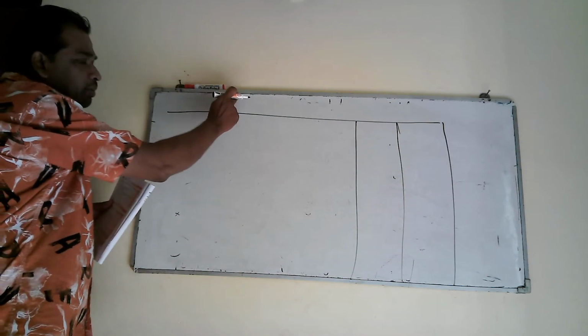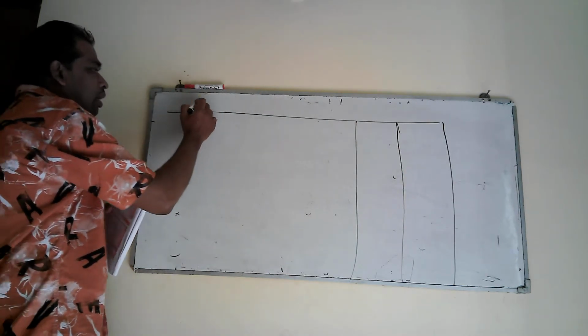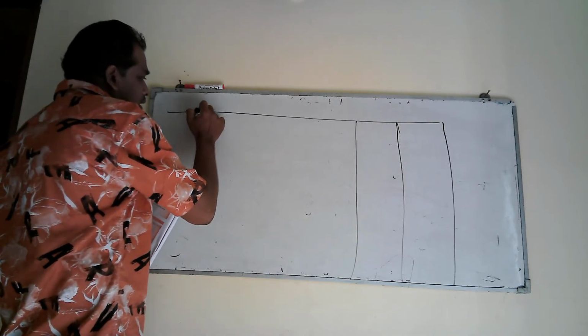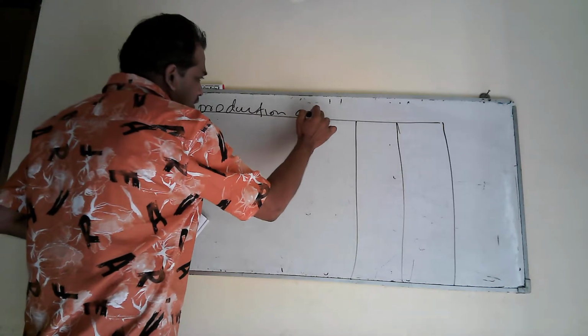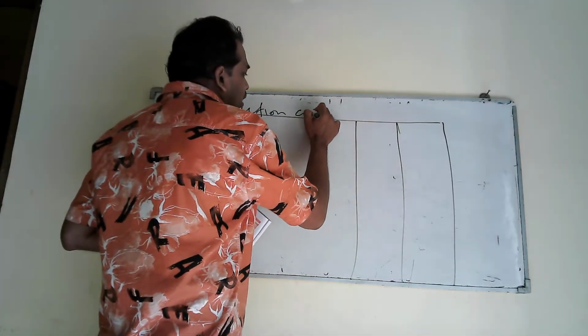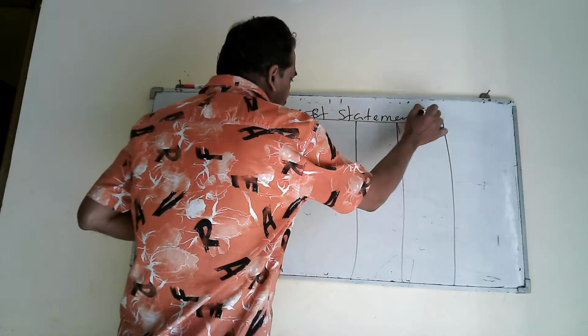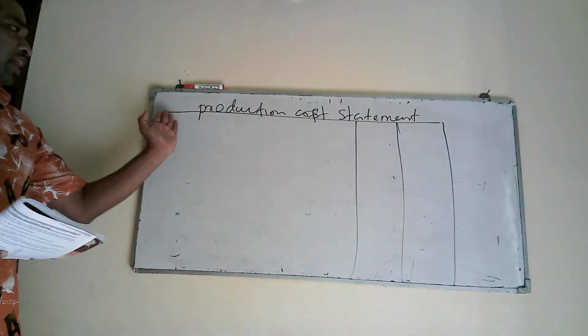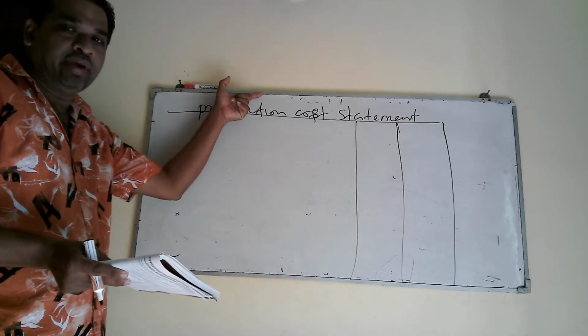On the top you write the business name, the duration, and the statement name, production cost statement. You mention the business name and the time period.